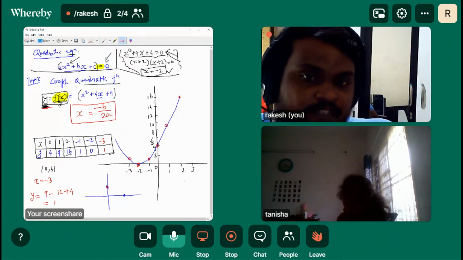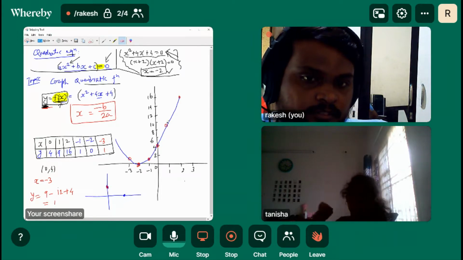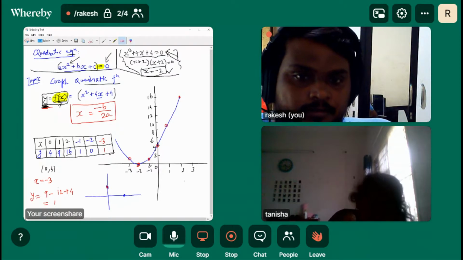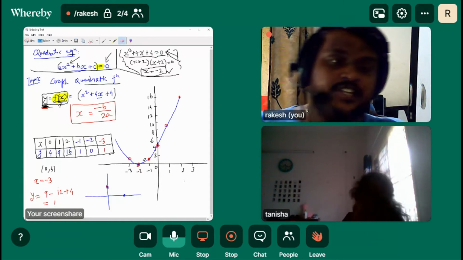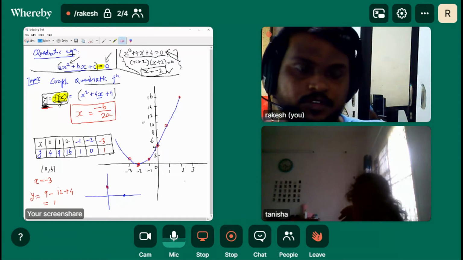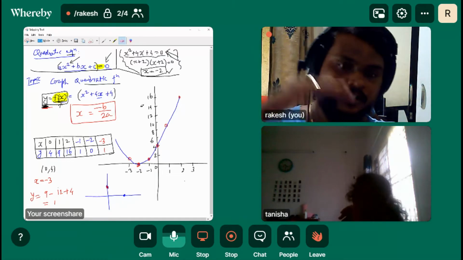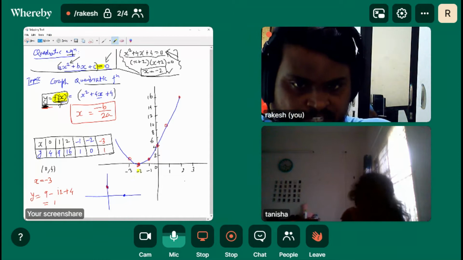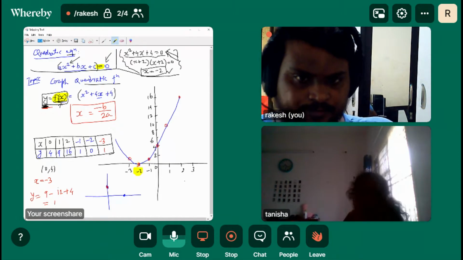Where does the graph intercept the x-axis? I'm talking about where it intersects or touches the x-axis. Yes, it just touches at -2, right?